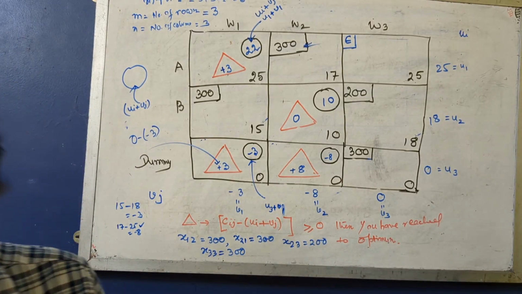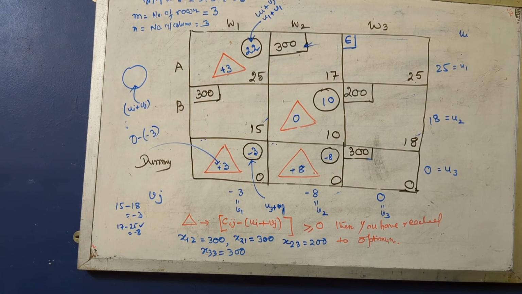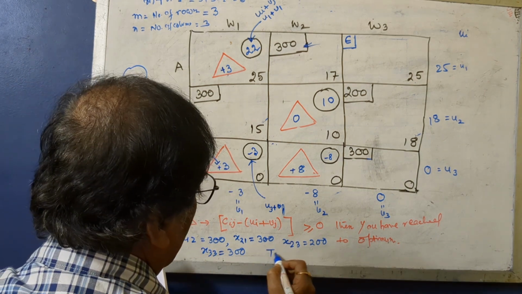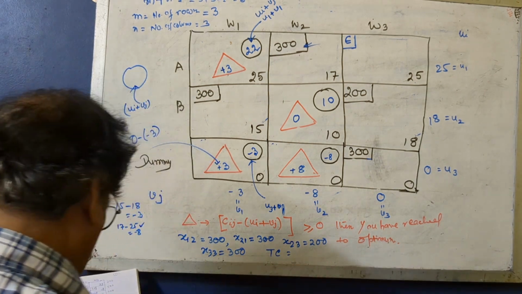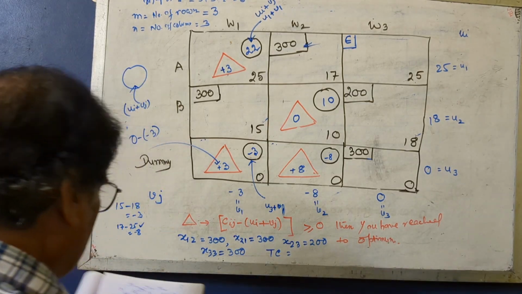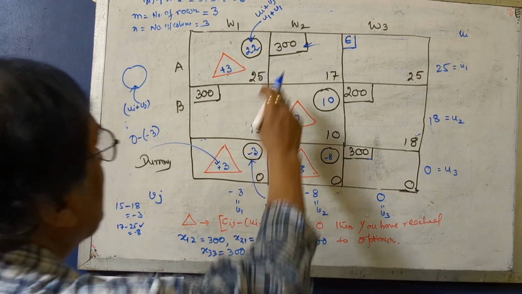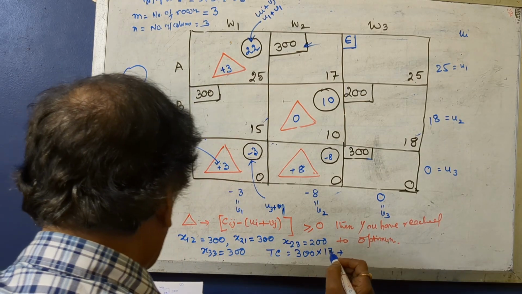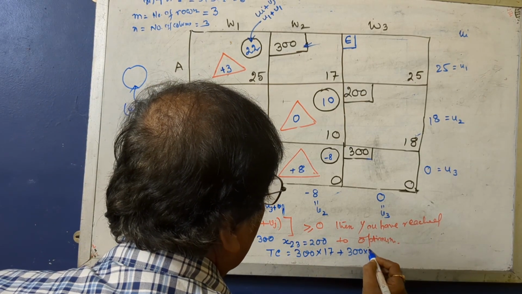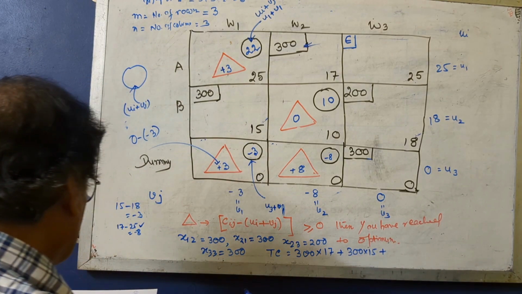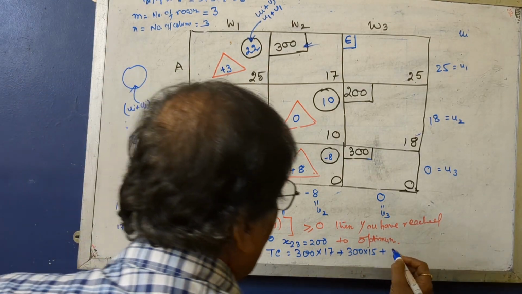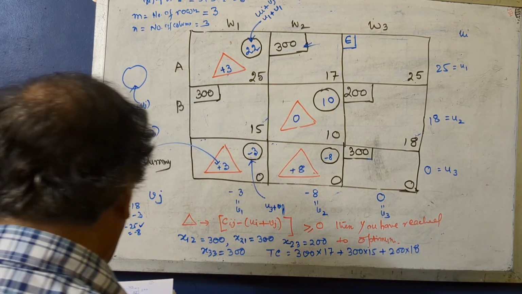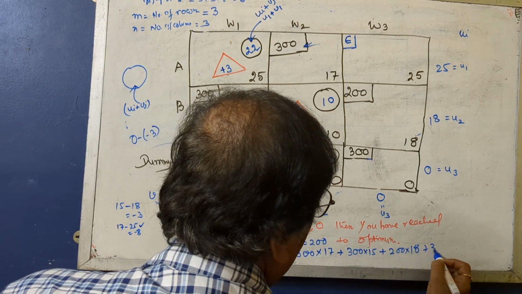And what will be the total cost? The total cost will be same, which I have already shown you earlier in my previous problem. If you want to know, I can again show it. That means total cost will be rupees 300 into 15 plus 300 into 15 plus 200 into 18 plus 300 into 0.